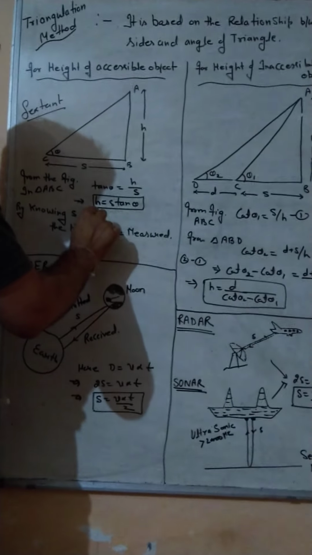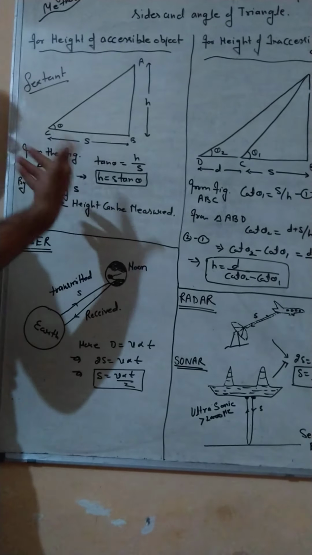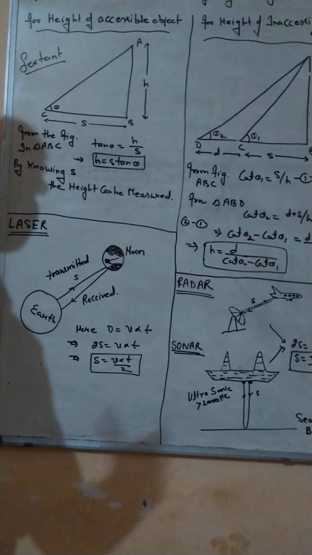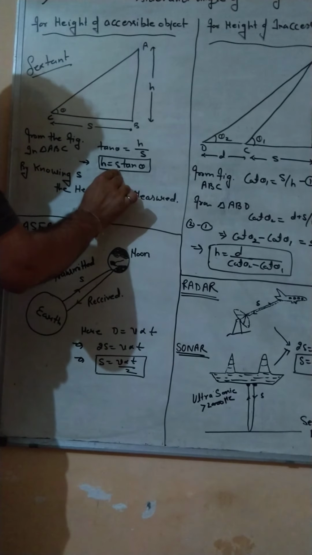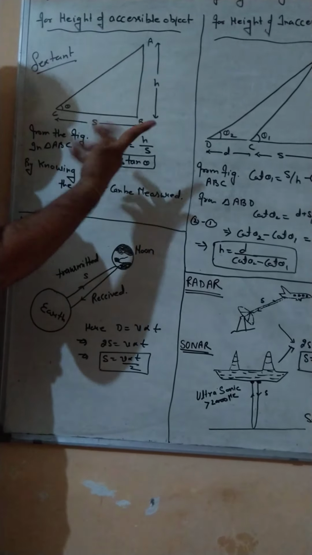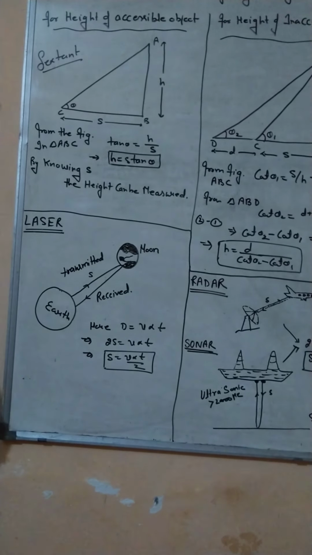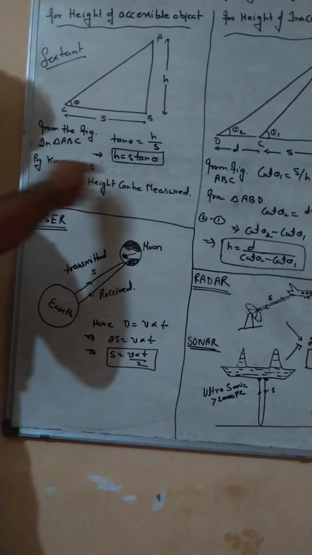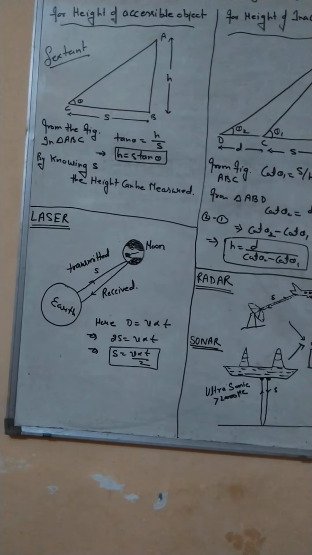So cross multiplying, we get h equals s tan theta. This is the simple formula by which we can easily determine the height of an accessible object. If we know the value of s, then the height can be easily calculated, because theta is already measured by the sextant. In that manner, we can easily find the height of accessible objects.